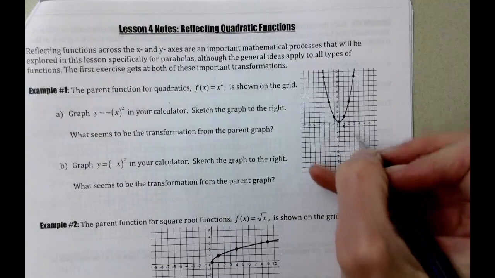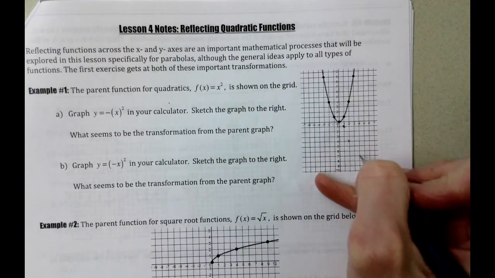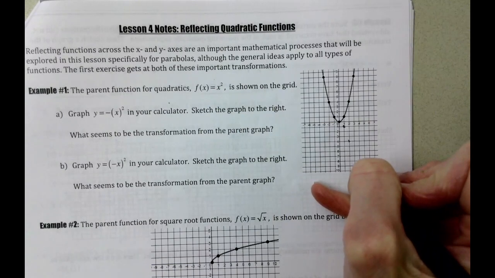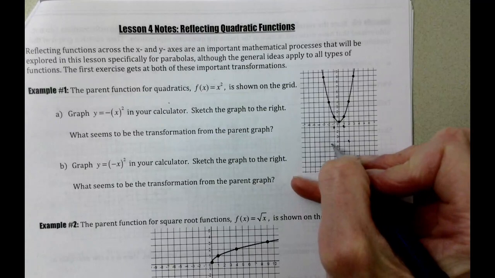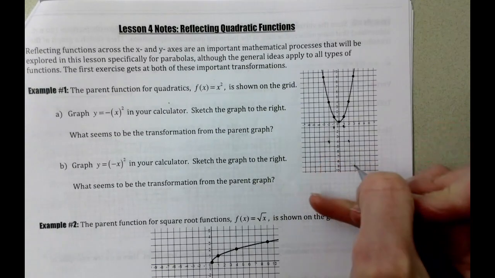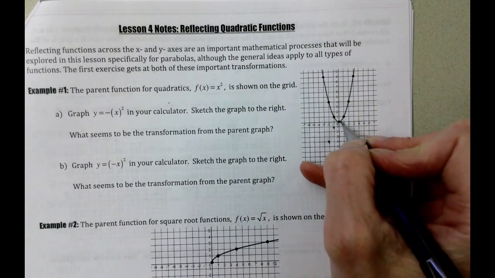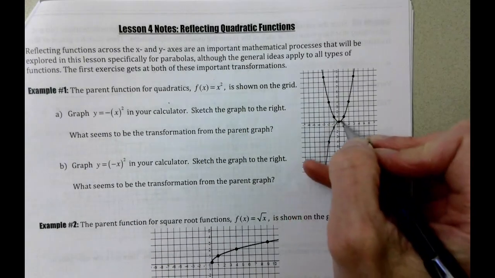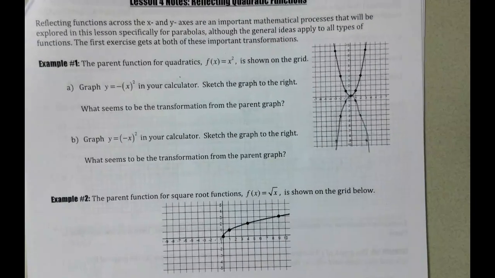Which are 1, -1, 2, -4, 3, -9, and -1, -1, -2, -4, and -3, -9. Hopefully your picture is better than mine.